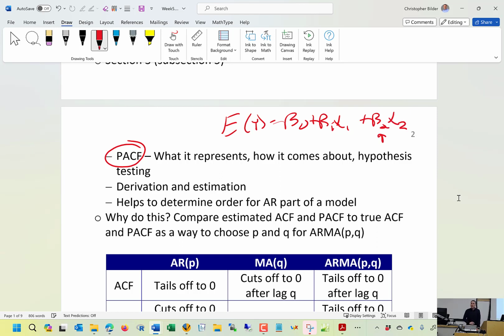What this beta 2 is basically representing is the association between x2 and the expected value of y, given that you take into account x1. And that's essentially what a partial autocorrelation is measuring.